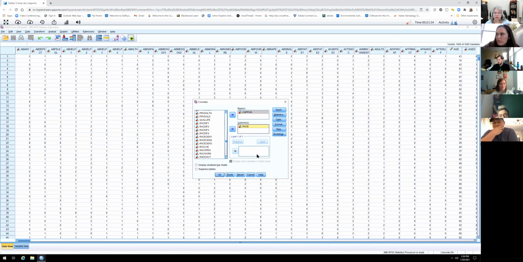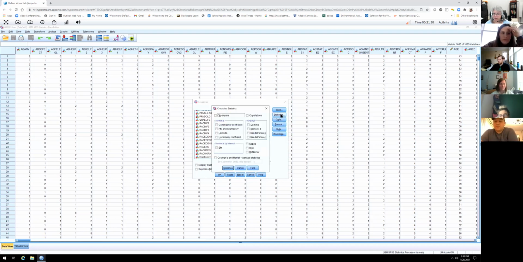All right, so before I go any further, I now need to tell the computer what statistics you want. And you must know that these are nominal. It will not tell you these are nominal. It's asking you, which statistics should I use? Well, from the lecture, we learned chi-square. We're going to do chi-square on our nominal data. And we're going to go ahead and pick the phi.